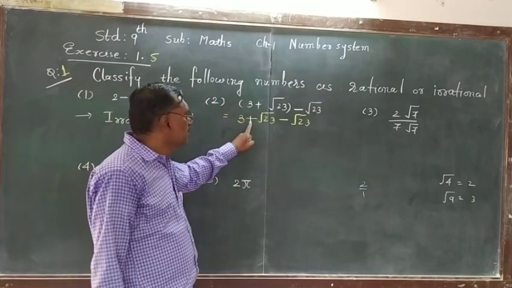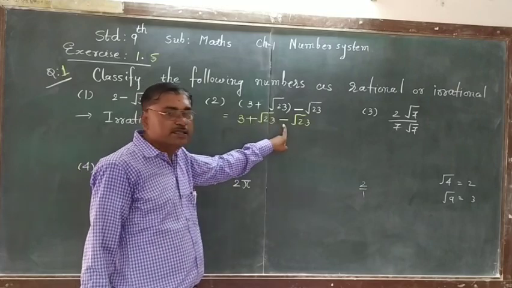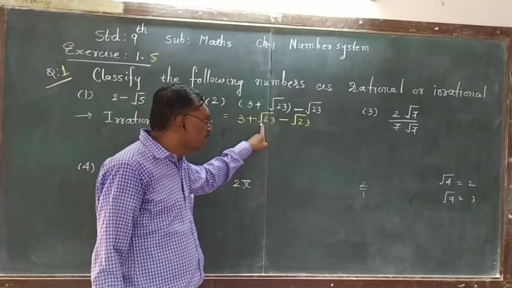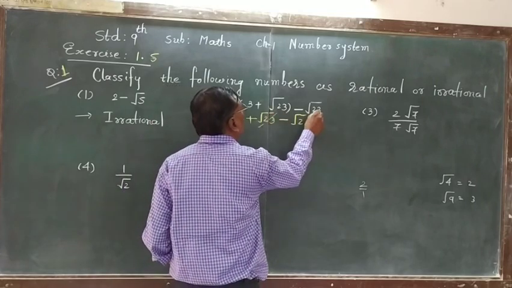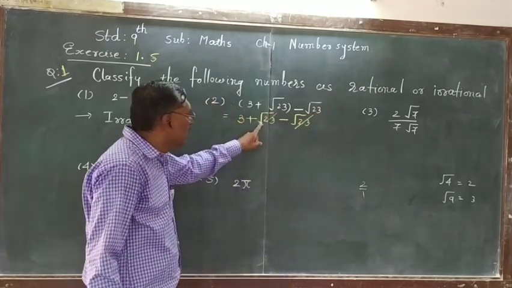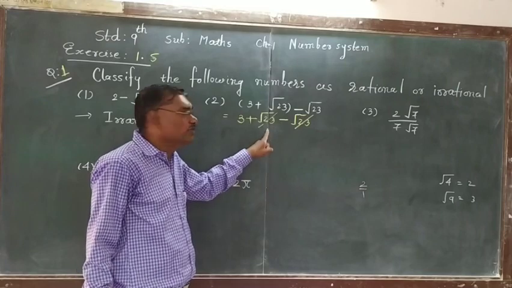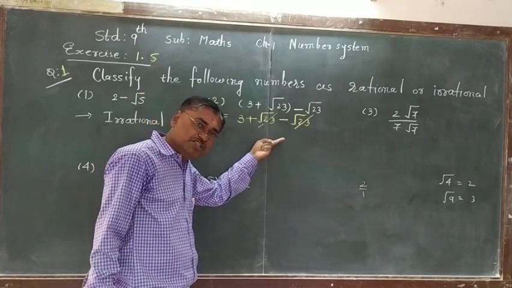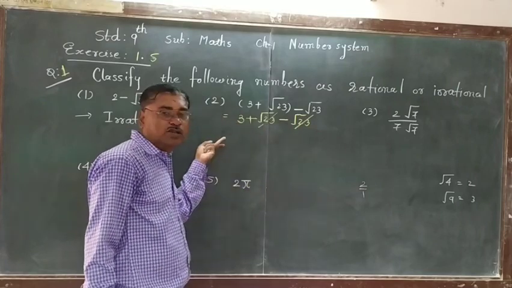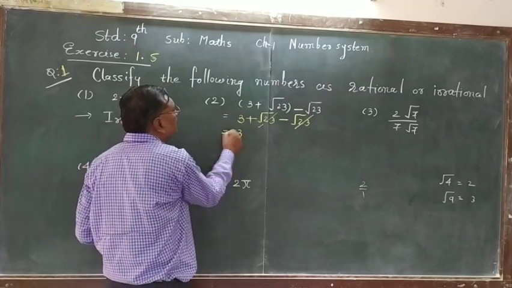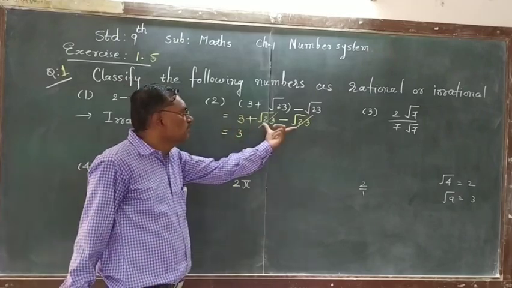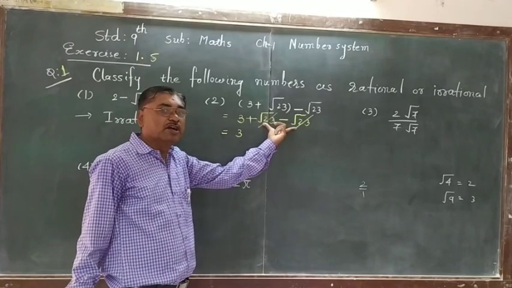We can see plus root 23 and minus root 23 can be cut, or subtracted, whatever you say in your language. But the answer will be 0. Root 23 minus root 23 is 0, and 3 plus 0 we can directly write as 3. No term is left, it will be cut.